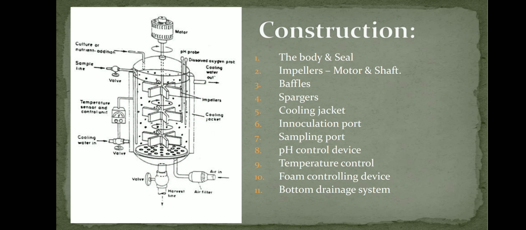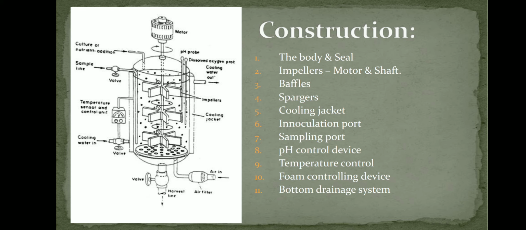And then we have another device called a sparger. A sparger is a device for aeration. The primary purpose of aeration is to provide microorganisms with sufficient oxygen in the submerged fermentation process. Aeration is also useful for purging unwanted volatile metabolic products from the medium.